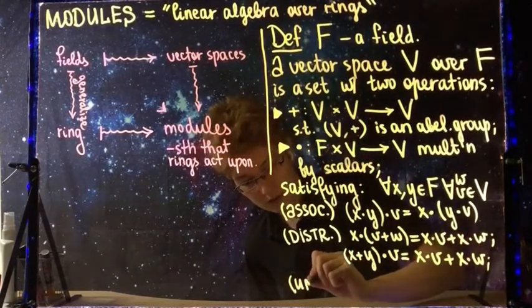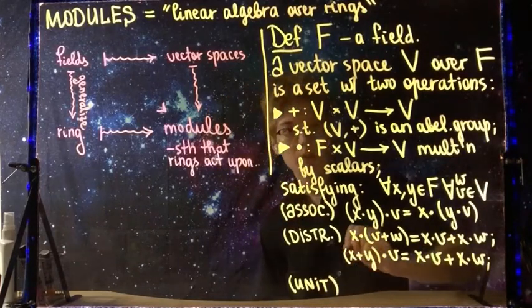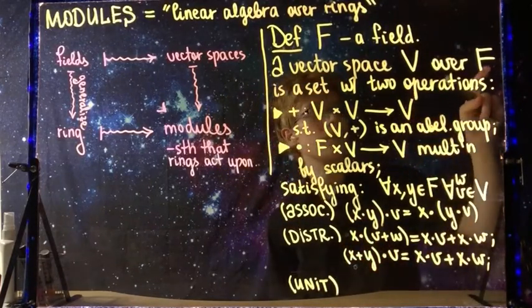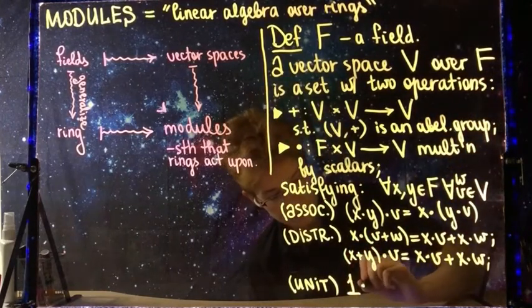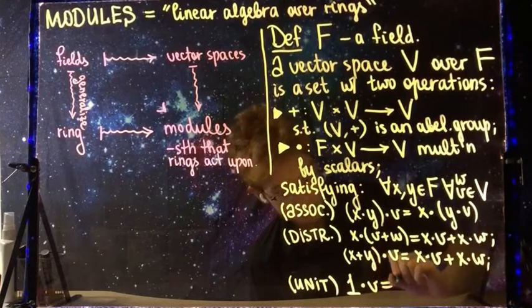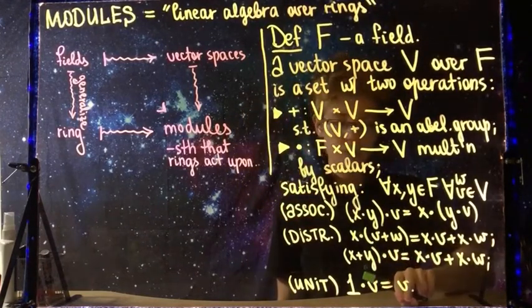And finally, we want that the unity, the multiplicative identity of the field, acts as identity on vectors. So multiplying by 1 does not change the vector.